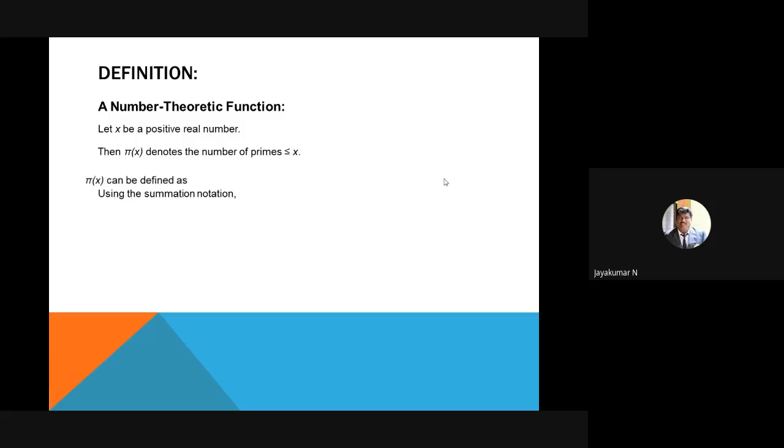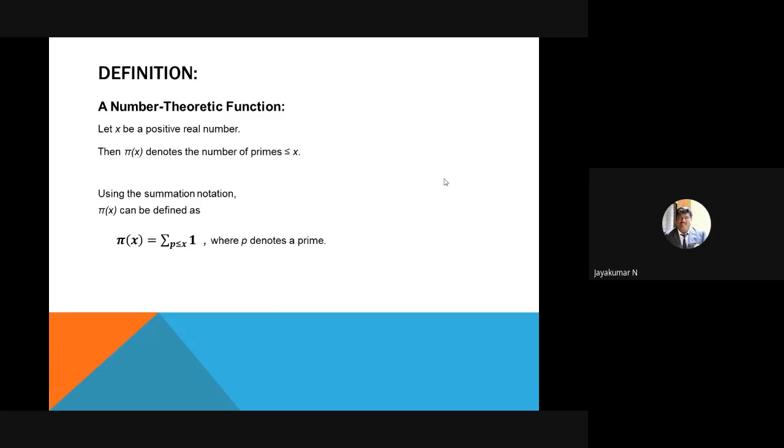Using the summation notation, how do you define pi of x? By using summation notation, pi of x can be defined as the sum of 1 over primes p less than or equal to x. Suppose we find the first prime less than or equal to x, I can put 1.